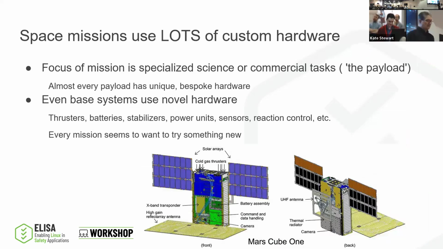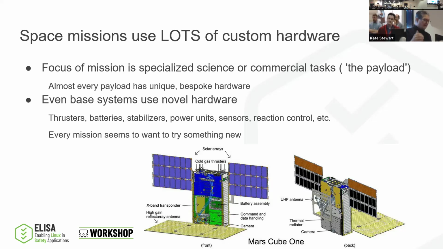Space missions use lots of custom hardware. The focus of missions is specialized science or commercial tasks. That's the payload, and that's where there's a lot of focus. Almost every payload, because it's so expensive, has unique bespoke hardware. Even if you're using something you've done in the past, there's always some spin. You're trying to learn something new.